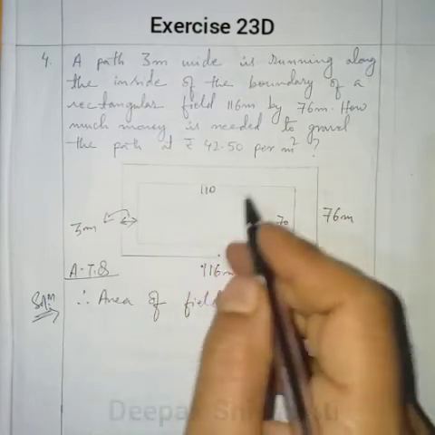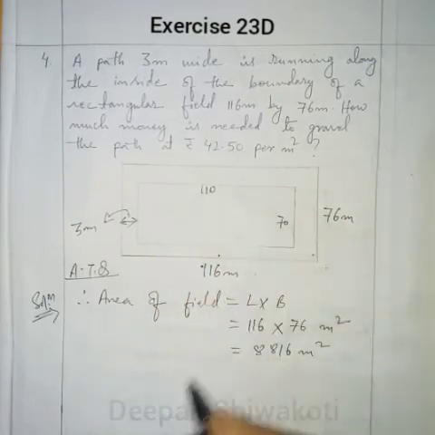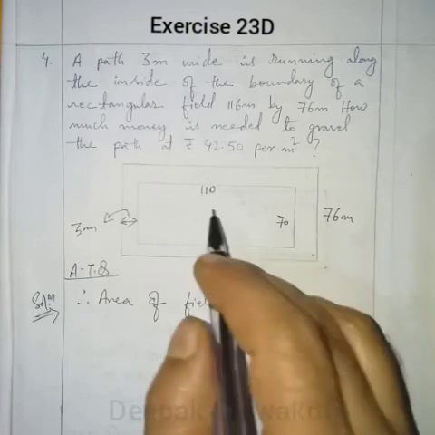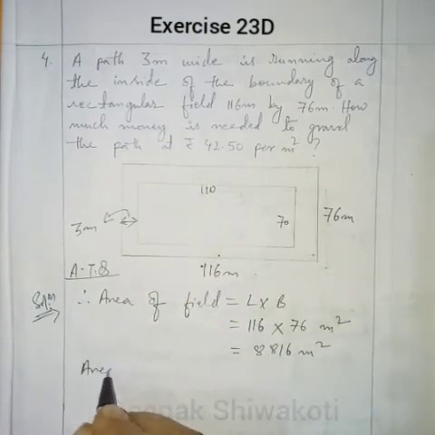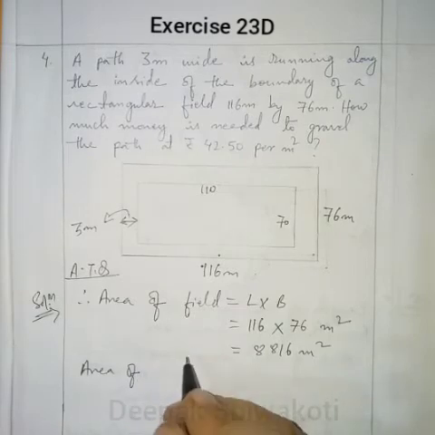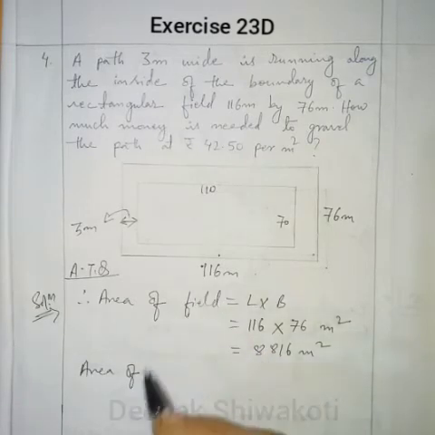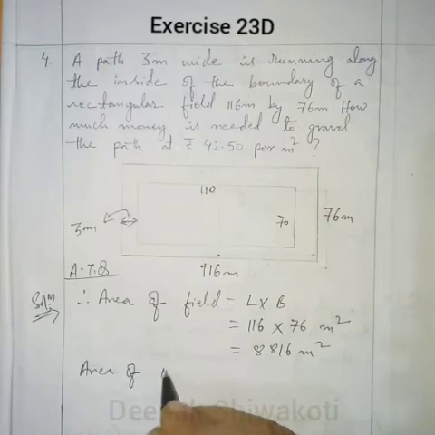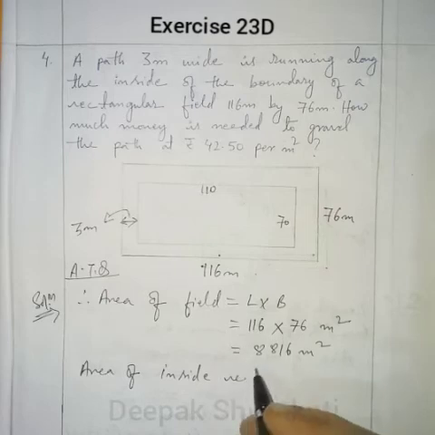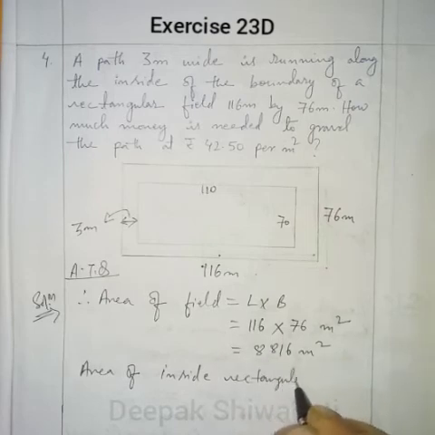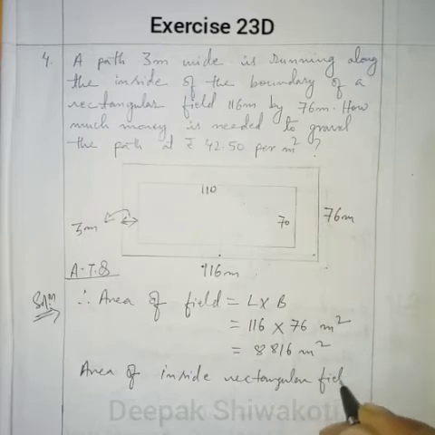The area of the inside rectangle is 110 into 70. So area of the inside rectangular field will be equal to length into breadth.